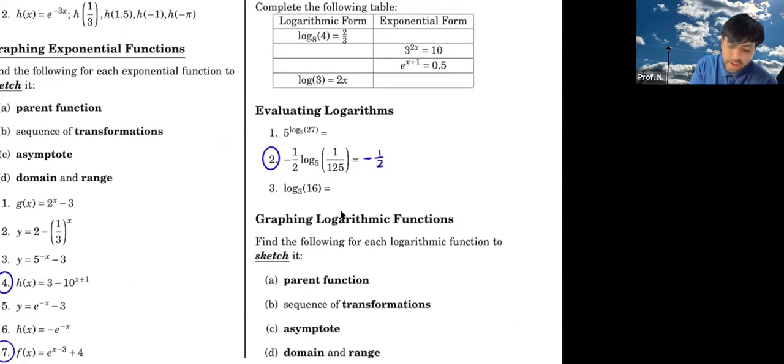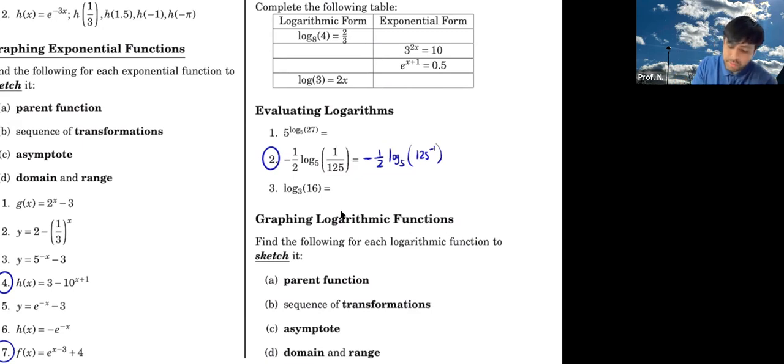Remember 5 and 125, how are they related? 125 is really 5 cubed. So this becomes log base 5 of 125 to the negative 1 power, because 1 over 125 can be rewritten as 125 to the negative 1.